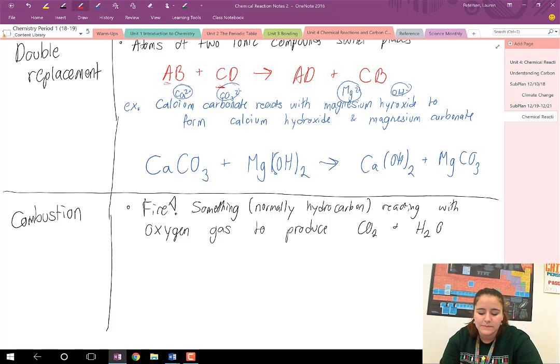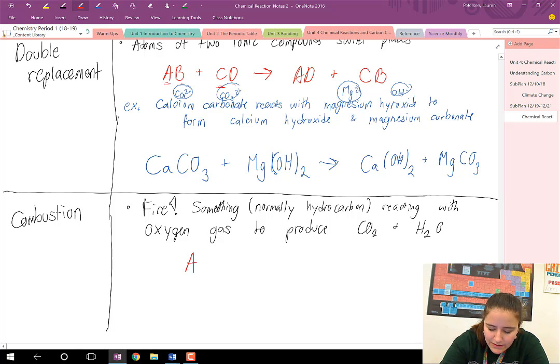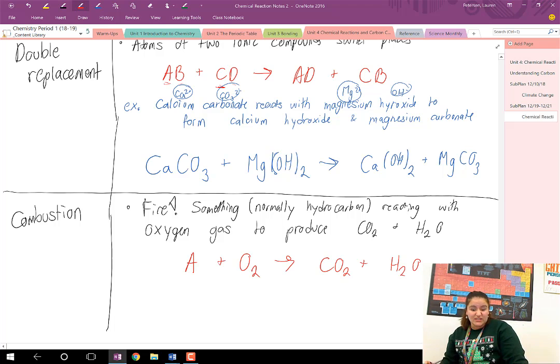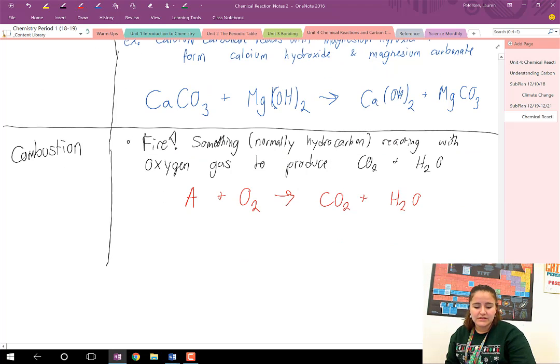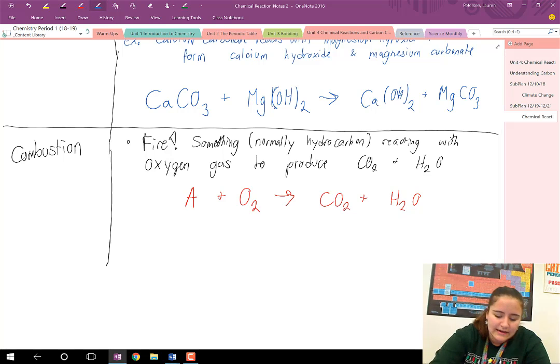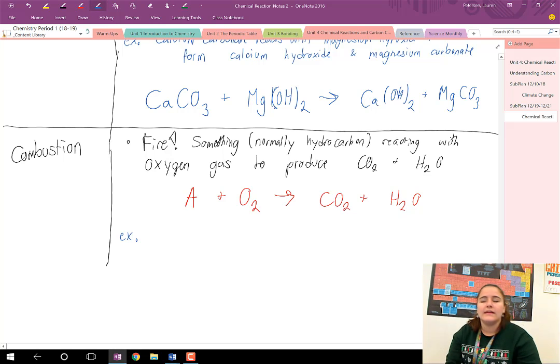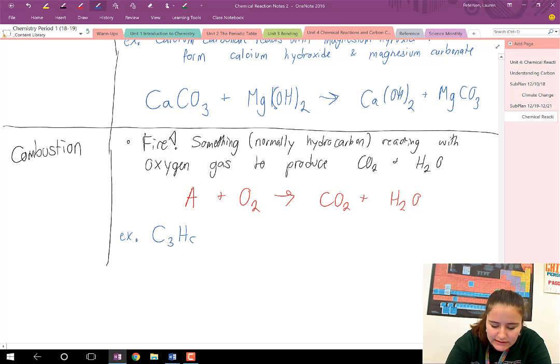It's always going to be some chemical A reacting with oxygen gas to produce carbon dioxide and water every single time. Okay, so let's look at an example. Let's do propane, not methane, we've done methane. Propane is C3H8.